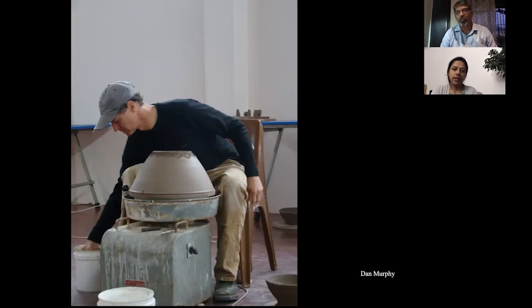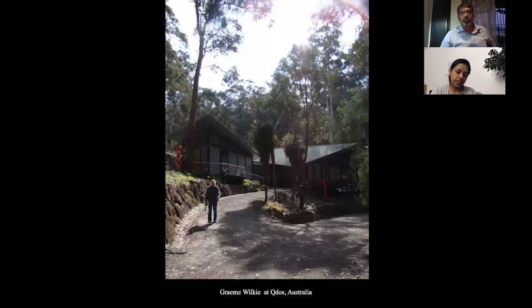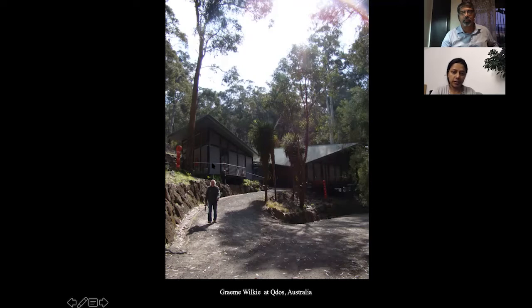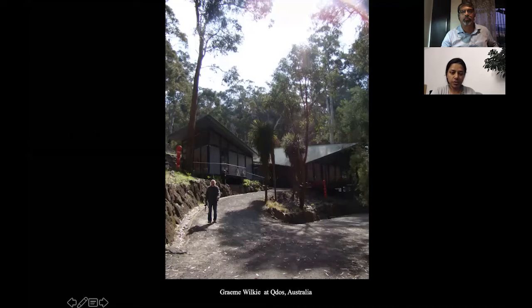Moving on, I also made connections with other ceramic artists in Australia and returned after a few months to Graham Wilkie's studio in Kudos, which is south of Melbourne. He has a great space with a gallery, a cafe, and some tree houses, like a bed and breakfast kind of place.